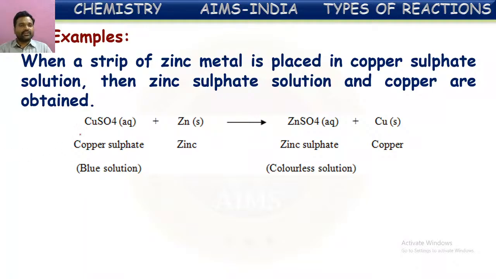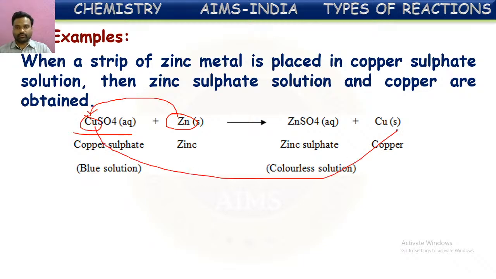If we initially take copper sulphate solution, we know copper sulphate solution is blue in color. When a zinc piece or some metal pieces of zinc are dropped into this copper sulphate solution, this zinc, being more reactive than copper, will displace copper from its compound, and copper will come out. So here zinc will take the place of copper and zinc sulphate is formed, which is a colorless solution.